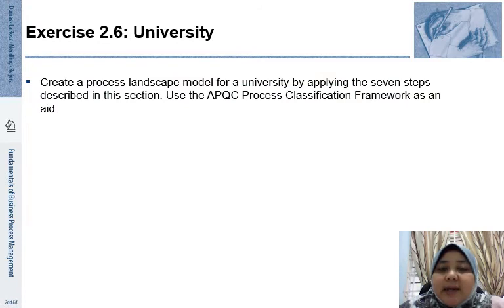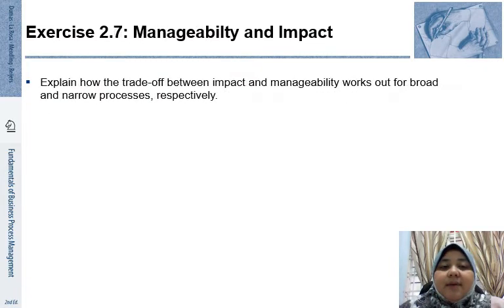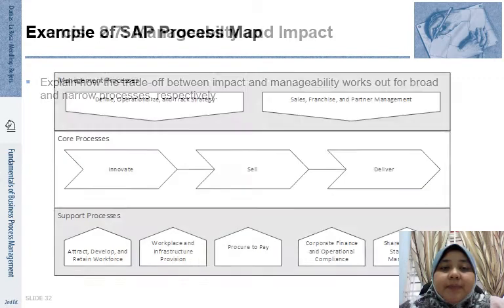Macam mana nak create landscape process model for university applying the 7 steps described in this section. Use the APQC process classification as an aid. Manageability and impact. Explain how the trade-off between impact and manageability works for broad and narrow processes respectively. Yang ni kalau tak faham nanti kita boleh discuss later masa tutorial ya.